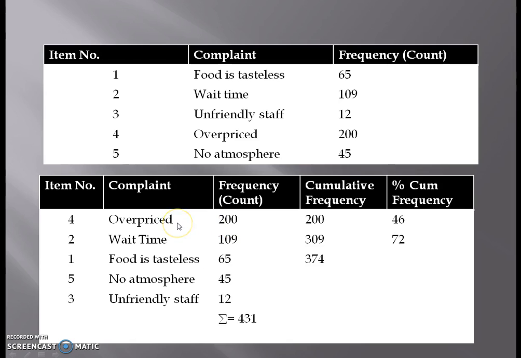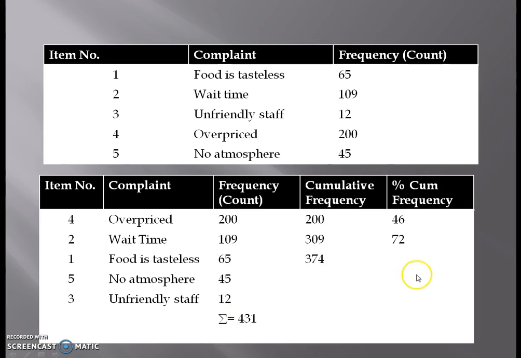Therefore, overpriced, or item number 4, will be our first item on the table. So wait time came in second with 109 complaints. Tasteless food came in at third with 65 complaints, and we went down until we finished with each item.